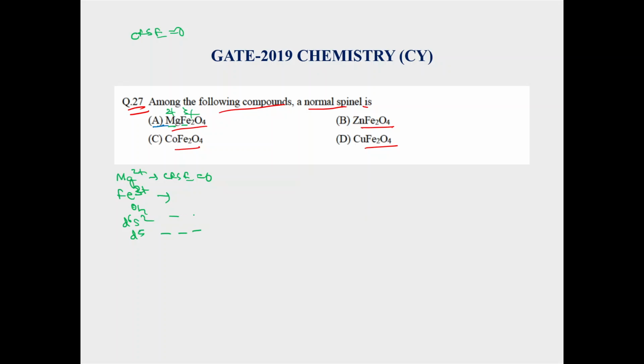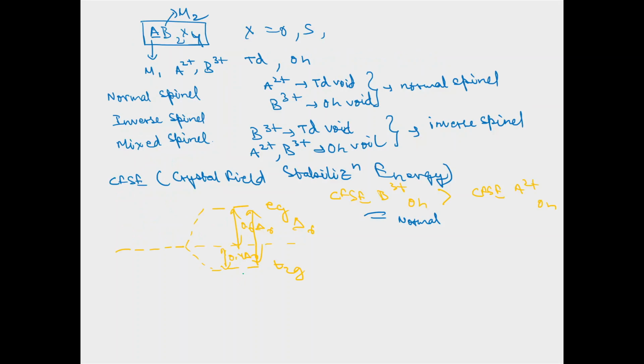Oxygen is a weak field ligand, so it will give a high spin complex. Therefore d5 means 3 into 0.4 minus 2 into 0.6, and it is negative for the t2g electrons because they are going down in energy.